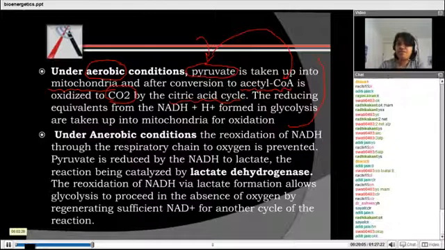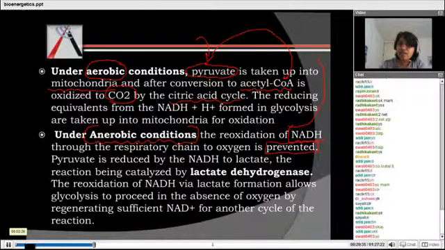But if the conditions are anaerobic, what happens is this NADH which we had made through glycolysis, which was supposed to go to the electron transport chain, now that is prevented. Get my point? So what happens now?